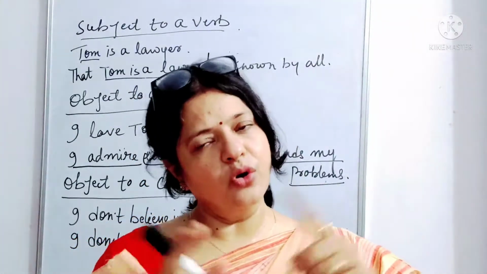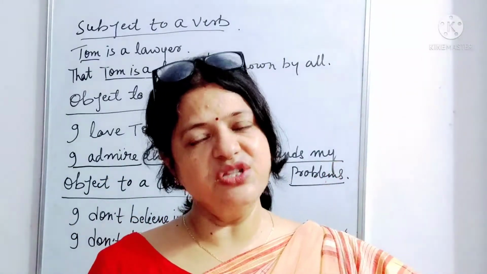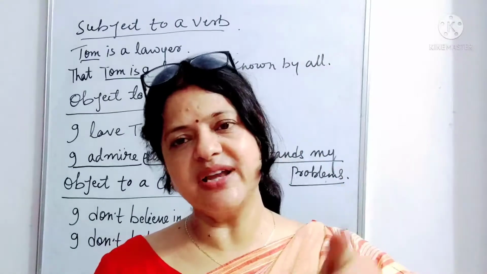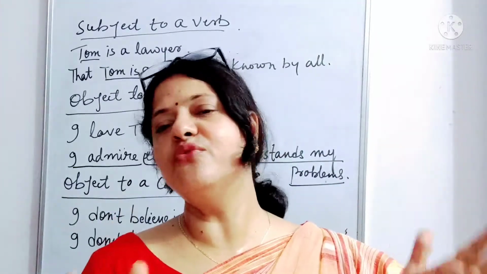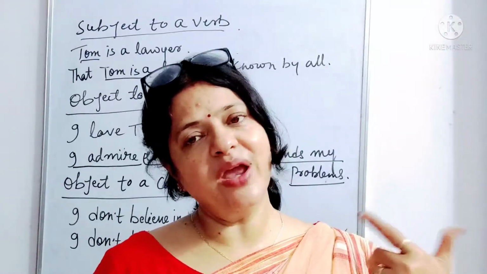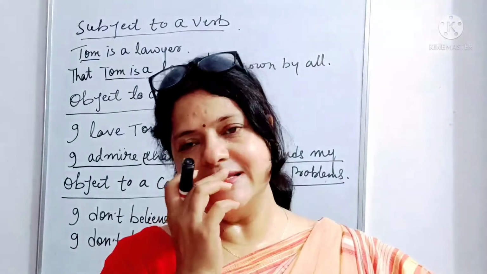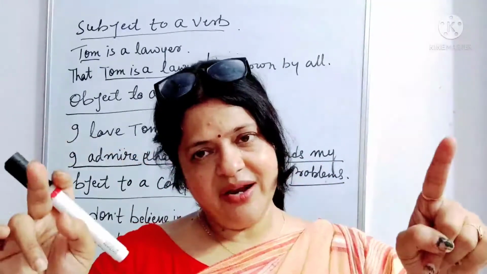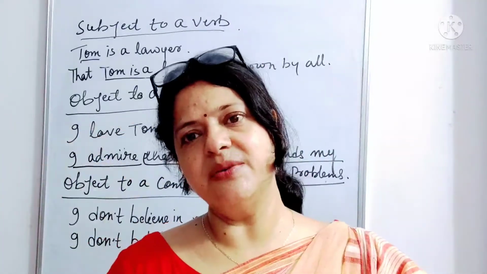As we know, a clause is a part of a sentence, or a sentence you can say, because it has both subject and verb. In a sentence we have subject and verb, and in a clause also we have subject and verb. The only difference is that there are two types of clauses. One is the principal clause, the other is the subordinate clause.